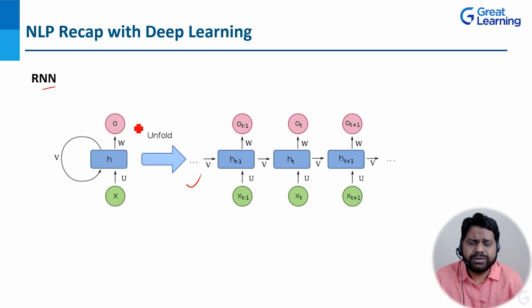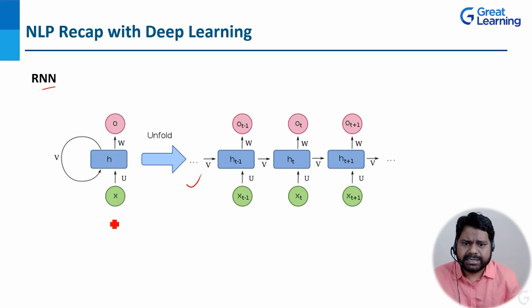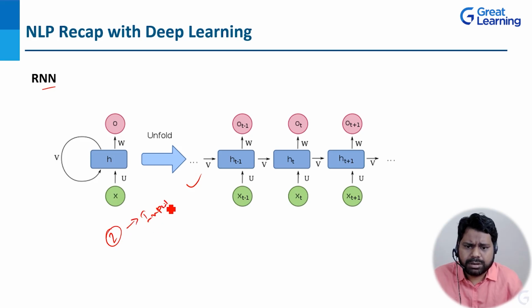RNN stands for recurrent neural network, as we discussed. RNN has a memory state to hold the memory. So if we try to understand what happens here, in any RNN cell we have two inputs. One is our input vector, and the other one is the hidden state.